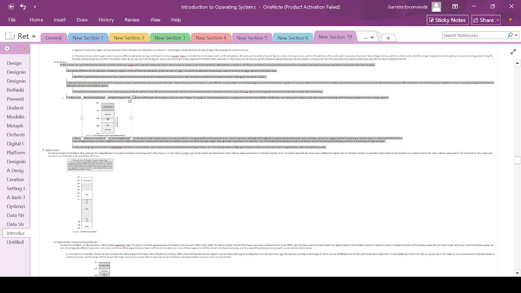We have also seen one particular form of virtualization known as base and bounds, or dynamic relocation. This is just another form of virtualizing memory, but there's much more, as we will discuss in future videos.